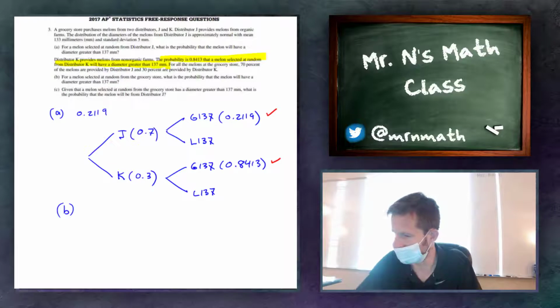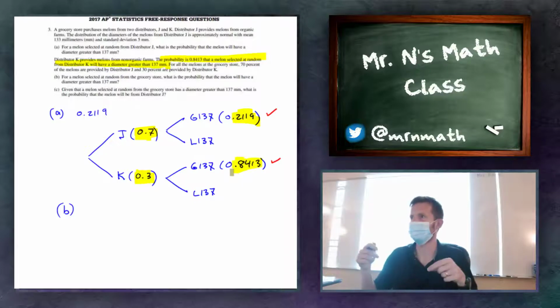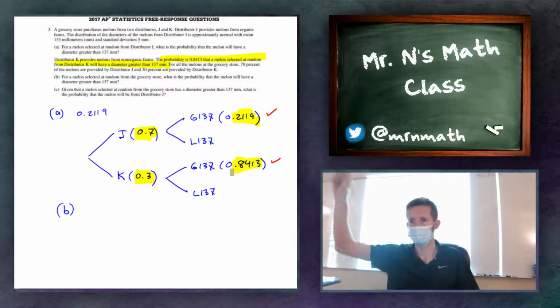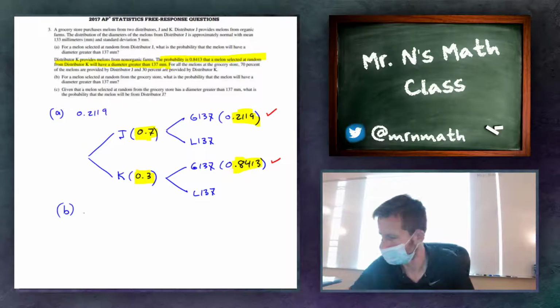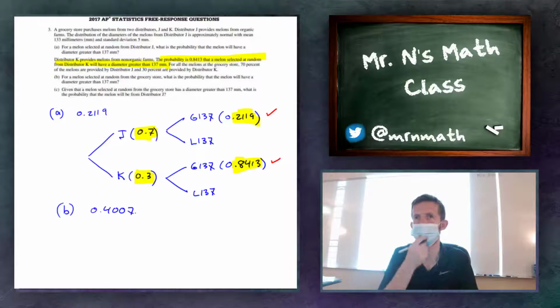Multiply this by this, and then multiply this by this, and then add them together. Multiply across, add straight up and down. So what is it, 0.40072?